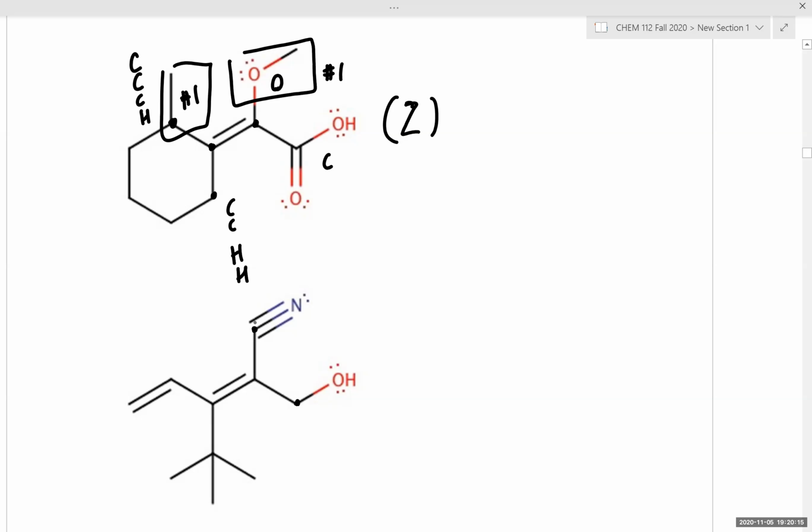Okay, so attached to this, let's draw out this nitrile as how it should be visualized. So a nitrile can be thought of as like this, right? Where each of our double and triple bonds can be treated as a series of single bonds.